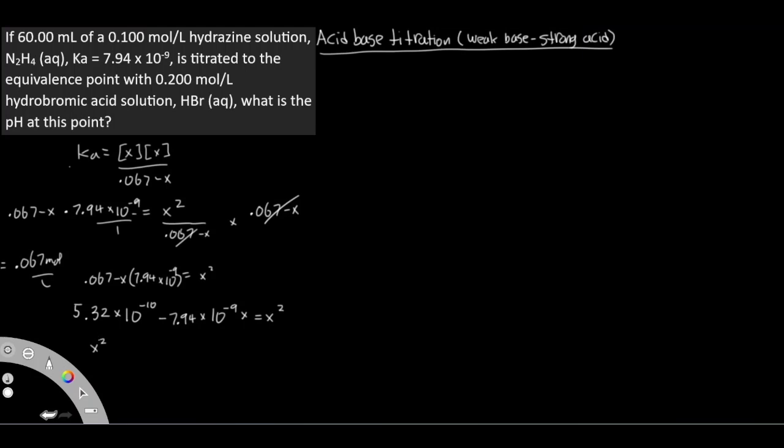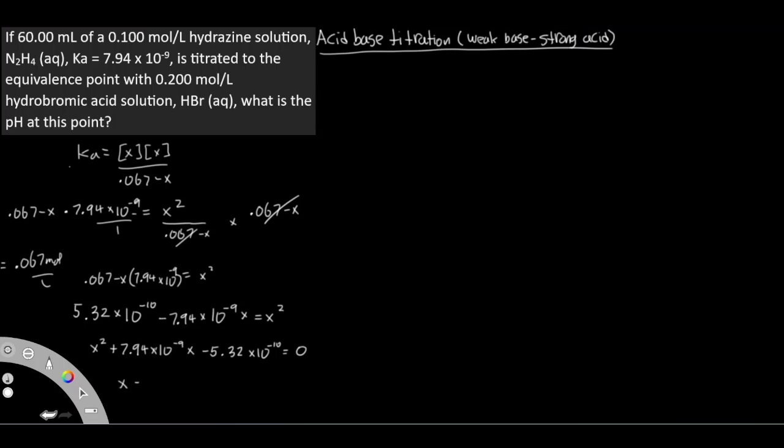So we got x squared plus 7.9 times 10 to the negative 9 x minus 5.32 times 10 to the negative 10 is equal to 0. So let's put it all into our quadratic formula.